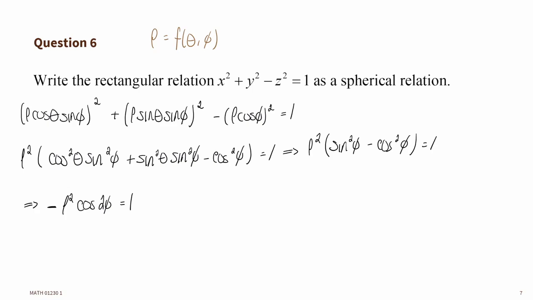You know rho squared is always positive. Can cosine of 2 phi ever be negative? It would have to be in order to get positive 1. So can it? Because if it can't, then this is an empty relation.